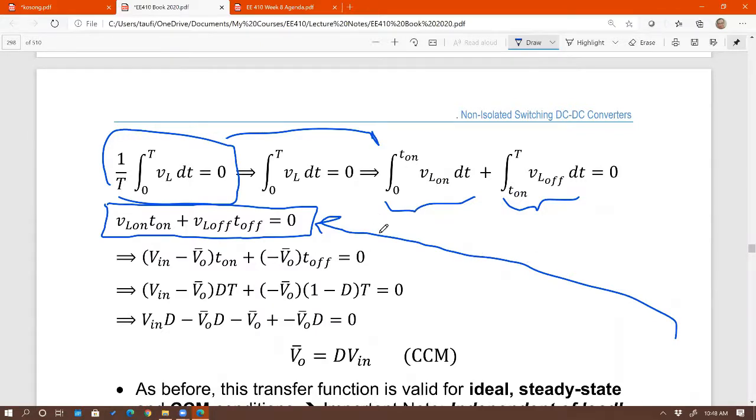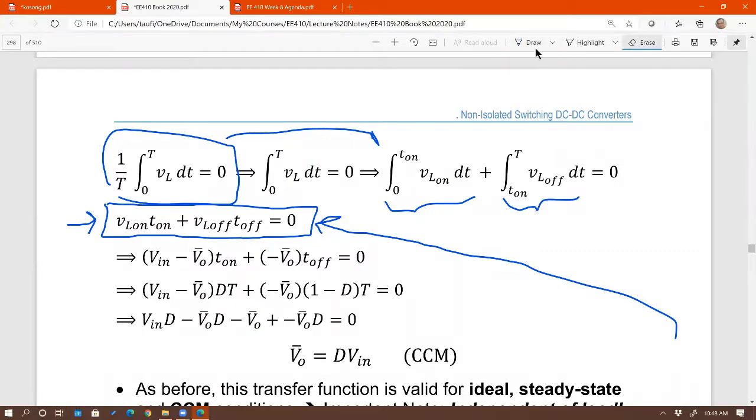If you're on campus, I see you in the hallway, I'm going to ask you, do the volt-second balance for a transfer function. The very first thing you need to say is this: VL on times T on plus VL off times T off equals 0. Please say this at least once before you go to bed, okay? That way you remember that VL on times T on plus VL off times T off should be equal to 0.